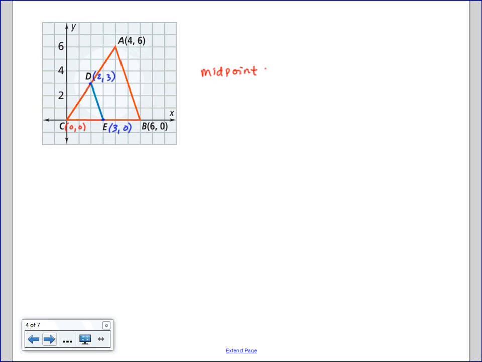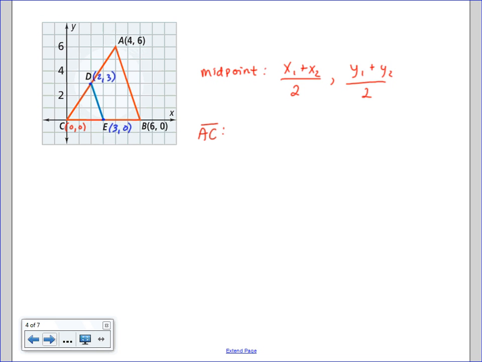The midpoint is, of course, the coordinate of the point that is halfway between two other points. So it's basically the average of the two x values and the average of the two y values, right? x1 plus x2 divided by 2, and y1 plus y2 divided by 2. So we're finding the average of 2 points. So let's find the midpoint of AC.